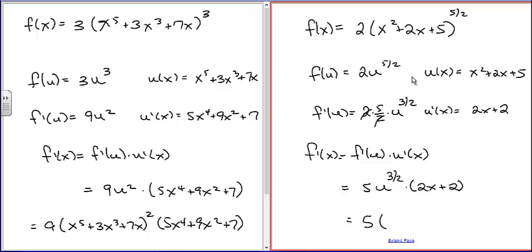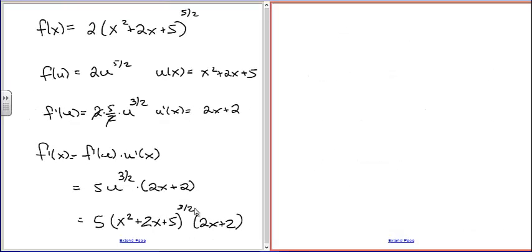Put a parenthesis in there so I know that I'm raising the whole thing to the power. And then just move the term that doesn't have a power in the front of the one that does have a power.